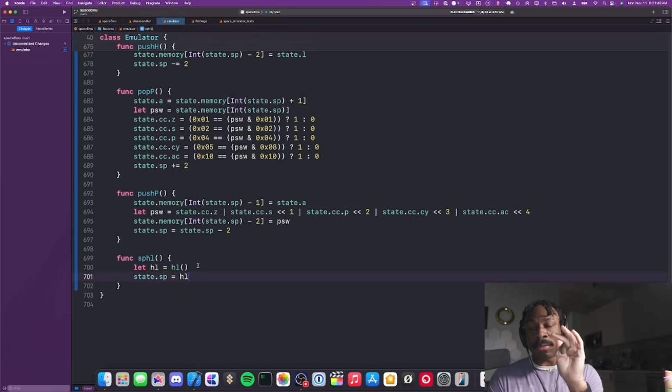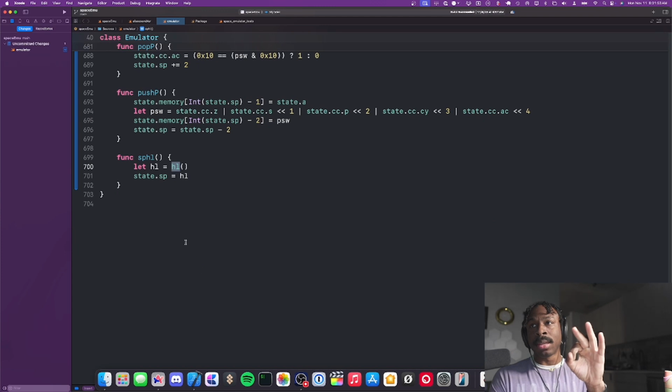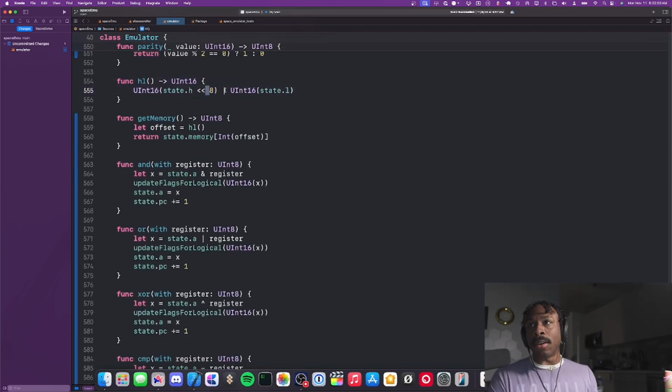I believe I don't have to convert it because my HL helper function is already taking that into account. So I am moving the high byte over, and it'll be consistent. All that matters is that you follow the convention of the CPU that you are trying to emulate.